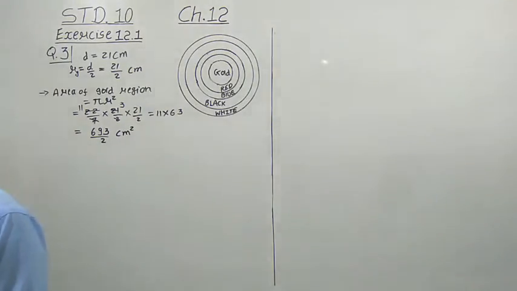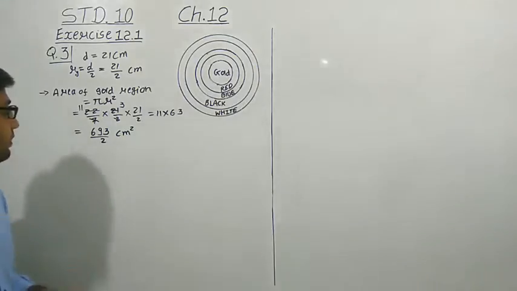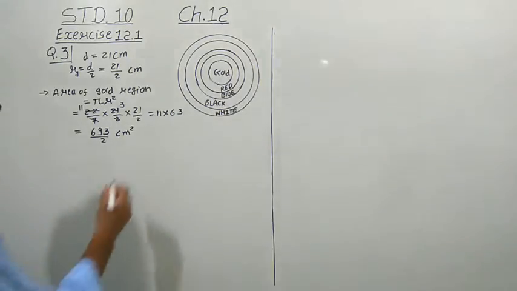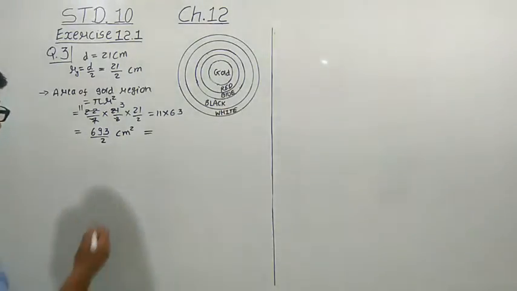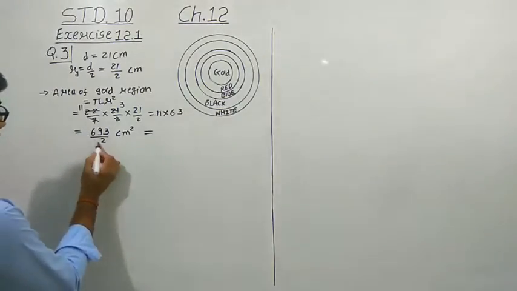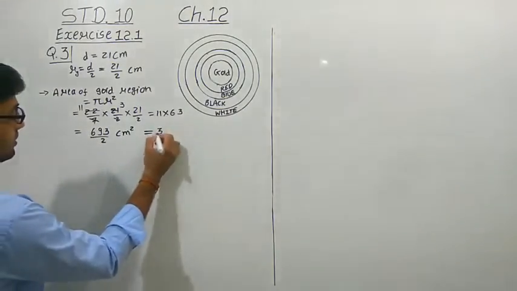Here we can keep the answer as it is, or we can convert it. Let us convert it into decimal numbers. So if we divide this by 2, what value do we get? First divide 6 by 2, so 3 twos are 6.